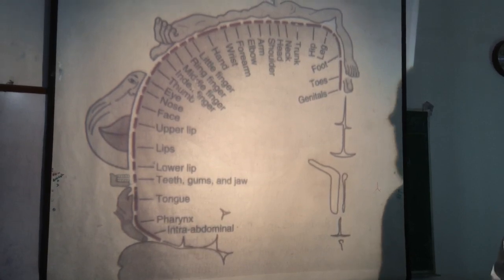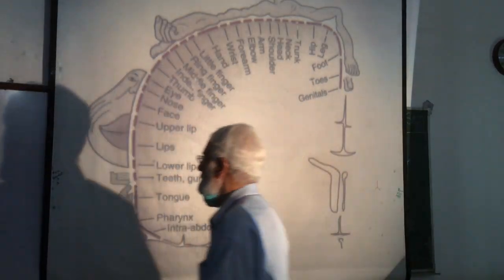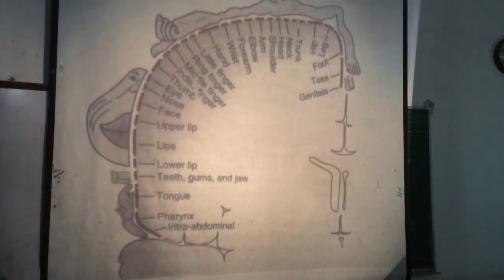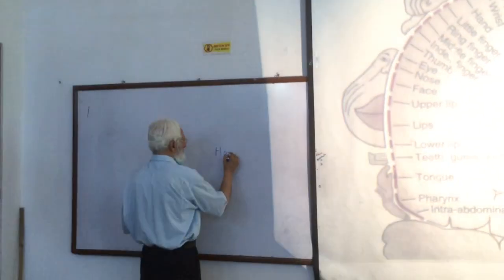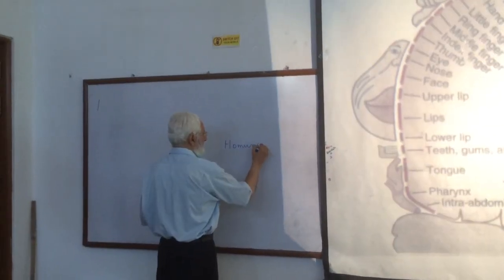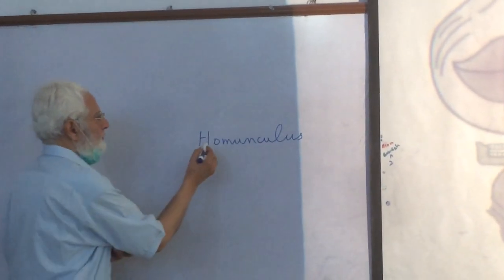That is called the motor homunculus. So the motor homunculus is formed in the primary motor area.